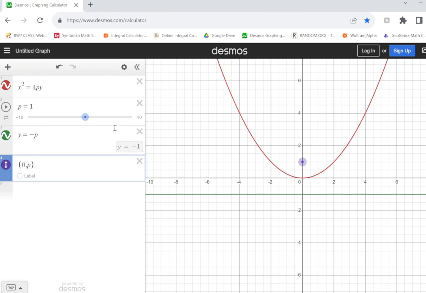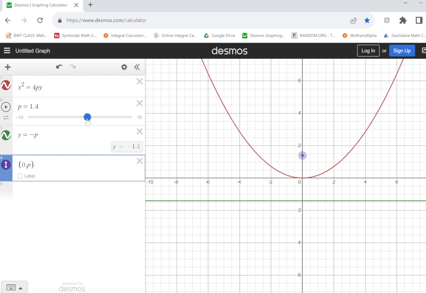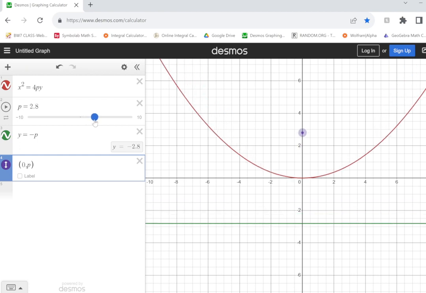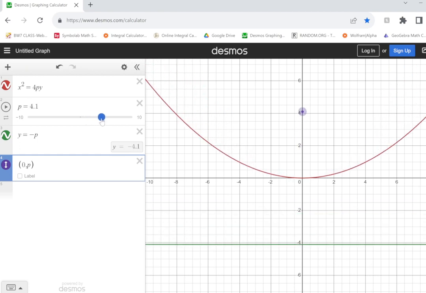Then we can see that as p gets larger in value, the parabola opens up, or getting wider, I should say. The focus goes further and further up, and the directrix goes further and further down, which makes sense.